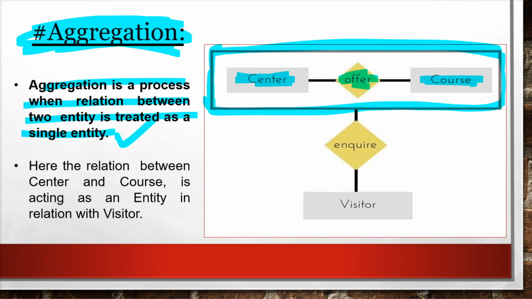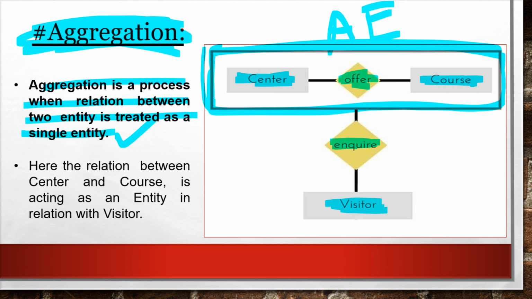Now they are representing the single entity in the advanced or enhanced EER diagram. So a visitor entity can be related with the aggregated entity, through the inquire relationship.